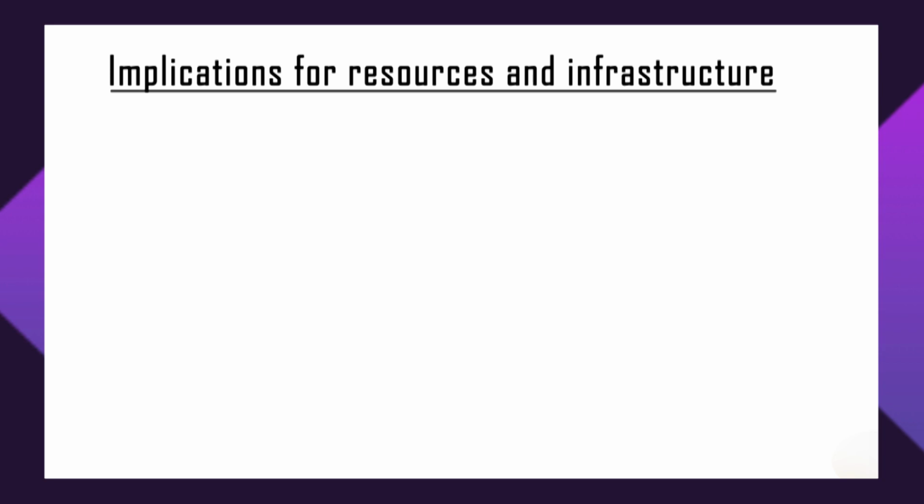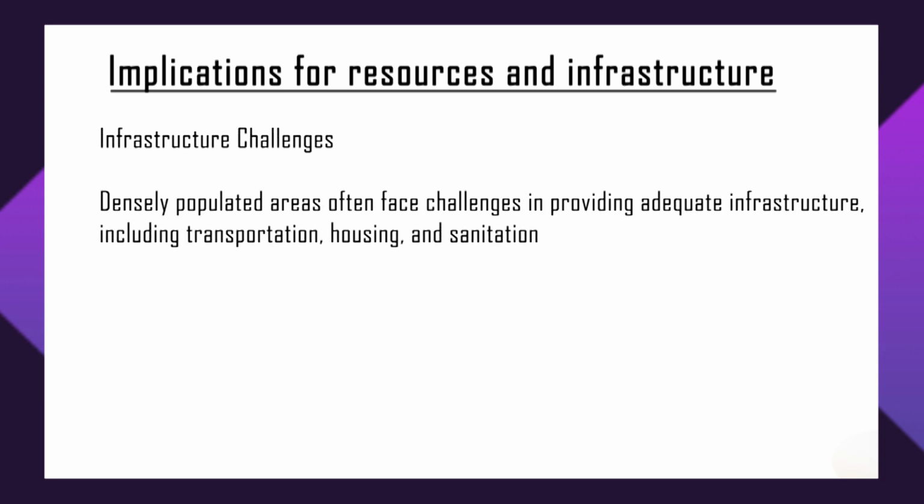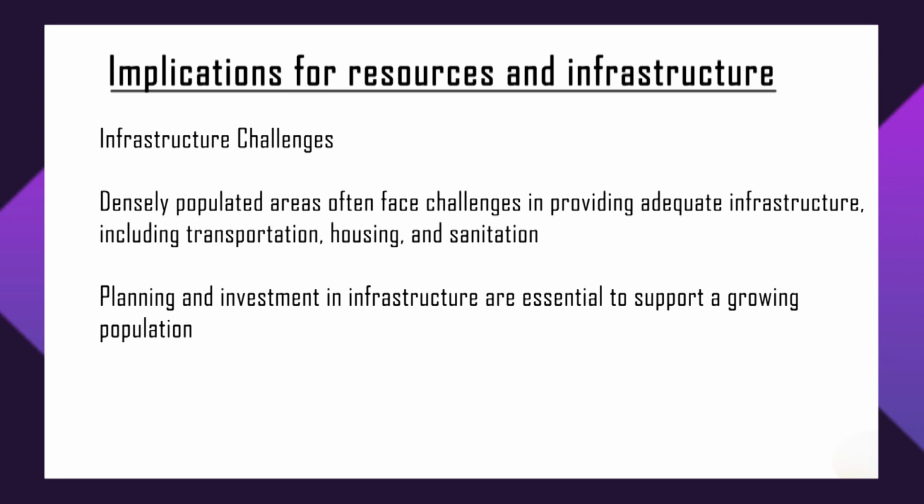The next one is the infrastructural challenges. Densely populated areas often face challenges in providing adequate infrastructure, including transportation, housing and sanitation. Proper planning and investment in infrastructure are very essential to support the ever-growing population.